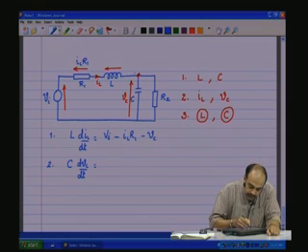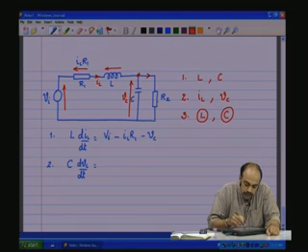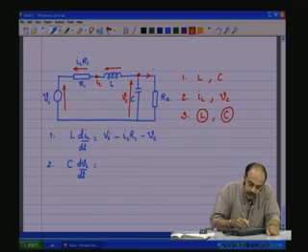So, here we have IL, and what is this current here? The one which flows through R2. Can it be expressed in terms of state variable? We know that the node voltage here is Vc. So, Vc by R2 is the current which is flowing through R2 here.